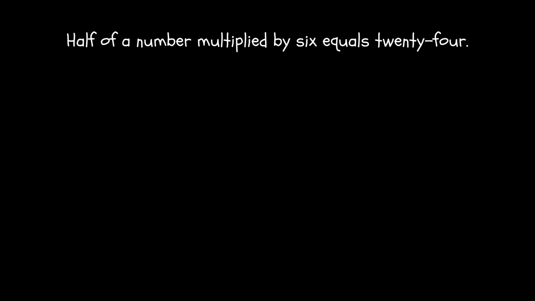Now, half of a number multiplied by 6 equals 24. We will have our equal sign and 24. Now, half a number means x over 2. The word multiply means that we will be multiplying x over 2 times 6.